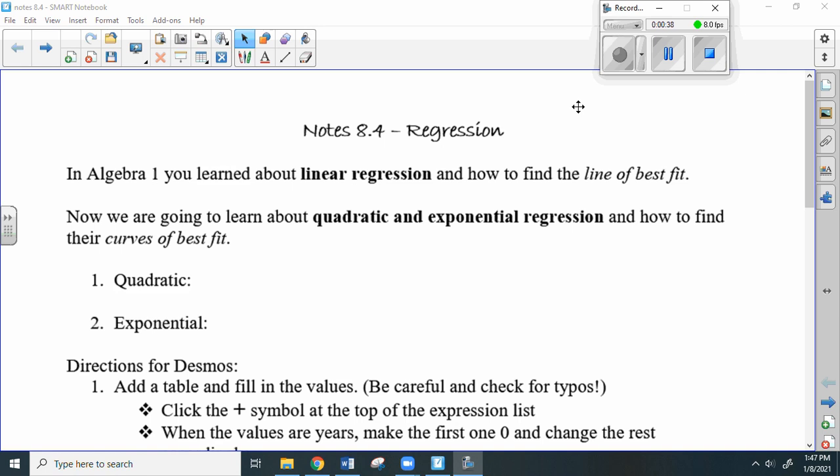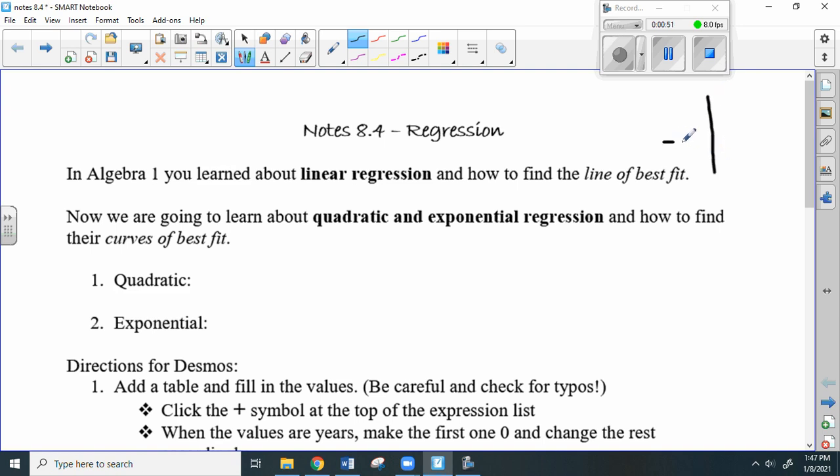So if you remember anything about Algebra 1, perhaps you either had to make a scatter plot yourself, or maybe you were given one. And that's just a bunch of ordered pairs that may or may not have some sort of relationship.